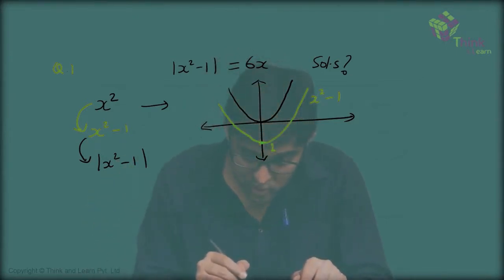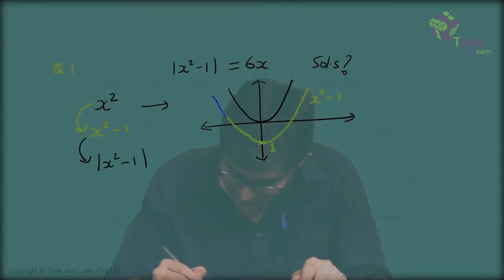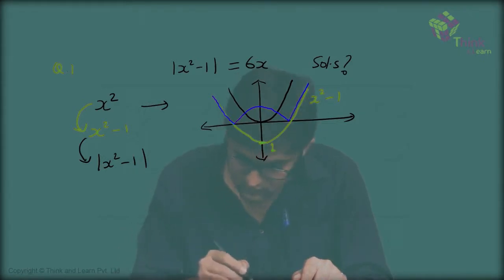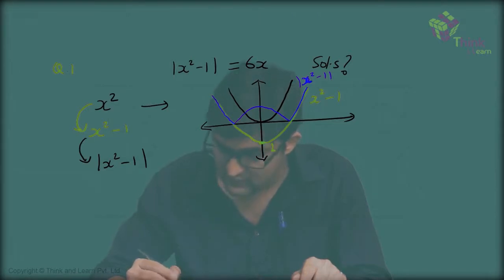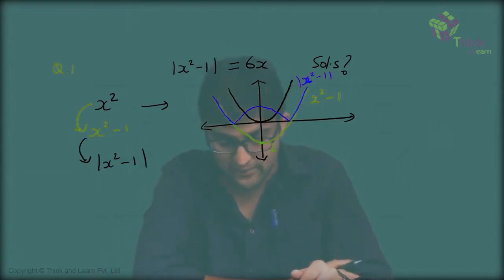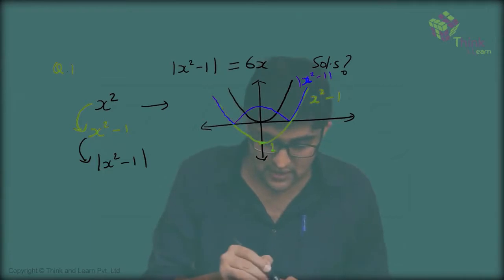So it will look something like this. All this part will be same. Here it will just fold up. So this will be your x square minus 1, greatest integer of it.